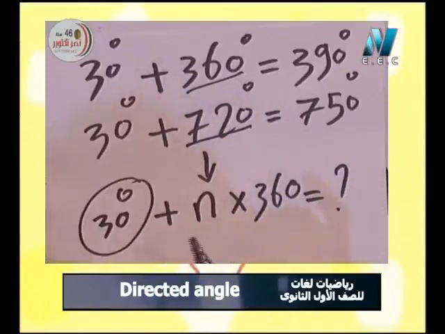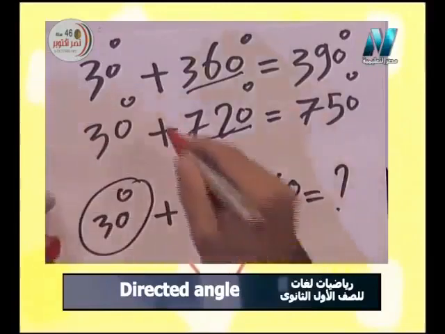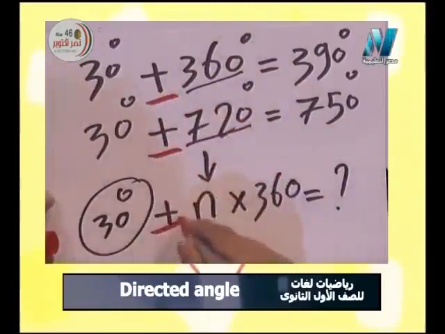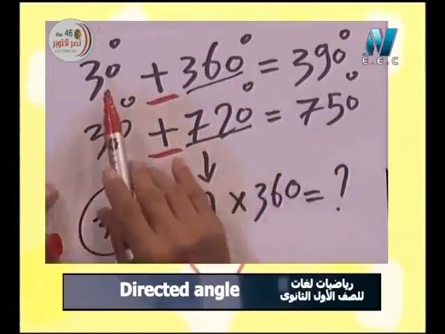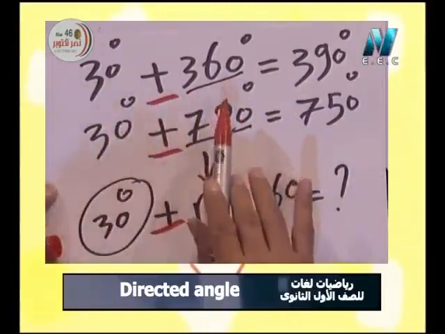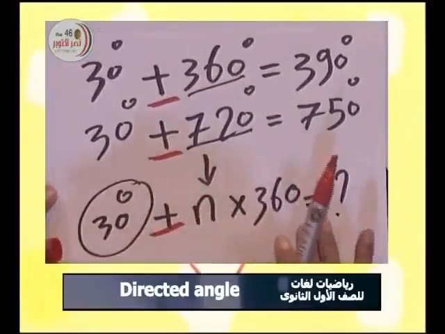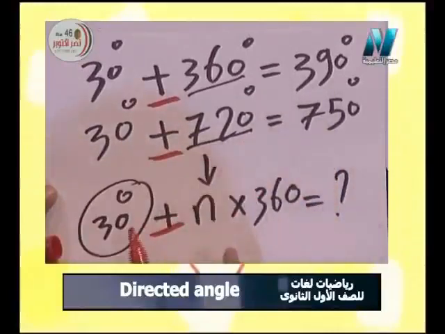And if you want the negative angles, we can add a minus here. We can add 30 to negative 360, or 30 to negative 720, or 30 to minus any number here.